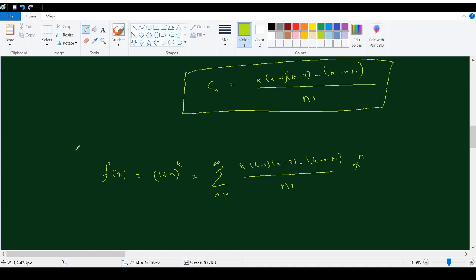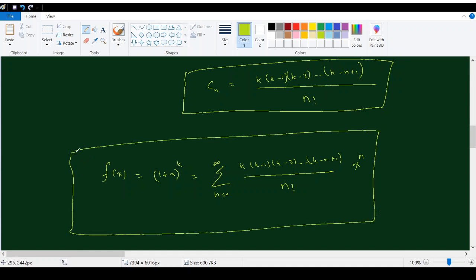So this is the Maclaurin series of the function (1 plus x) to the power k, and this is called the binomial series, right? This is called the binomial series.